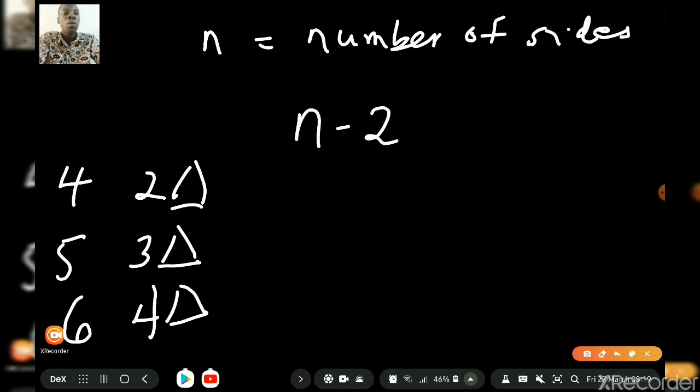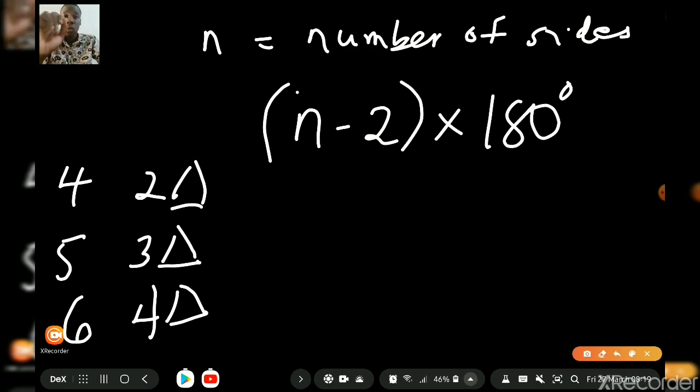So to determine the number of triangles, it is n minus 2. To find the sum of interior angles, we just need to multiply the number of triangles by 180 degrees, because the sum of interior angles of one triangle is equal to 180 degrees. So we've been able to come up with a formula to determine the sum of interior angles of a polygon.